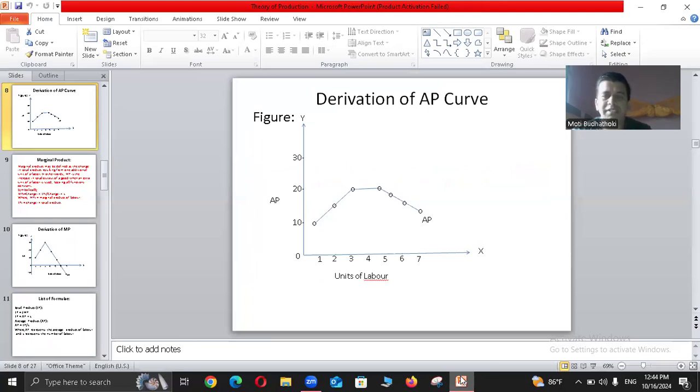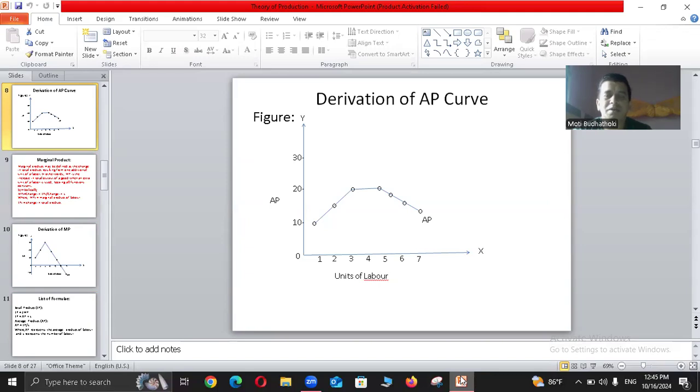On the y-axis here is average product, and along the x-axis here is units of labor, and by the combination of these units of labor and average product, we can show the AP curve.